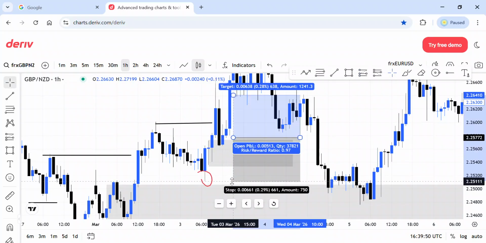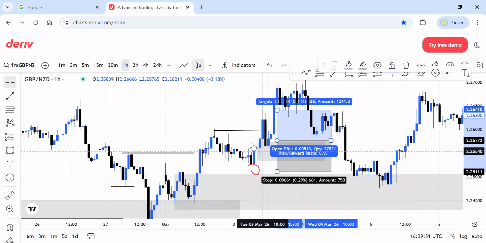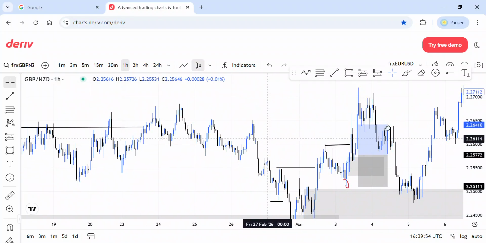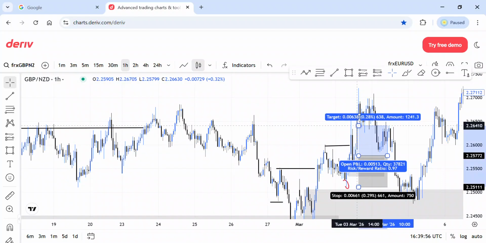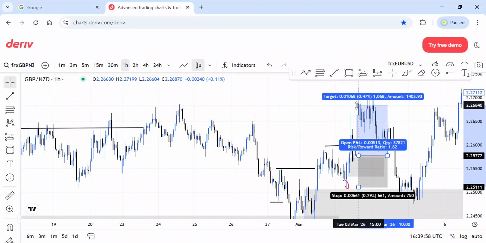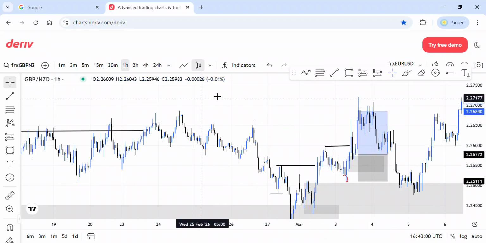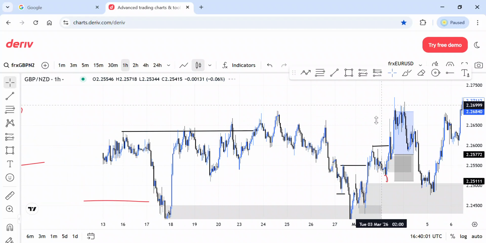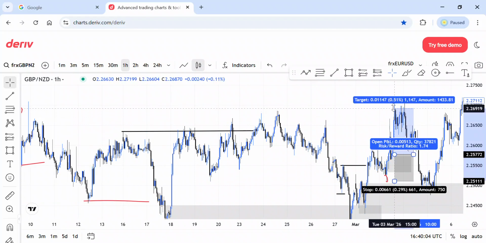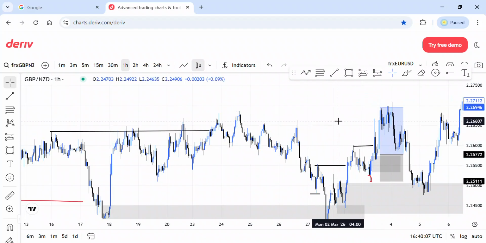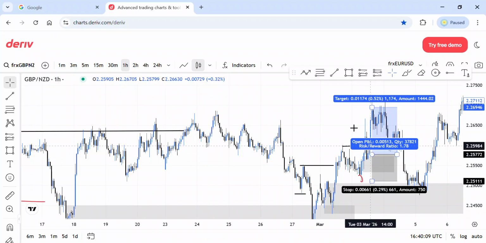Okay. Easy peasy, no stress. Then you target external range, which was where market was coming from. So somewhere here, then you just target it. That is close to 1 to 7 or something. So that's how to trade. Okay. So you just hit your TP.